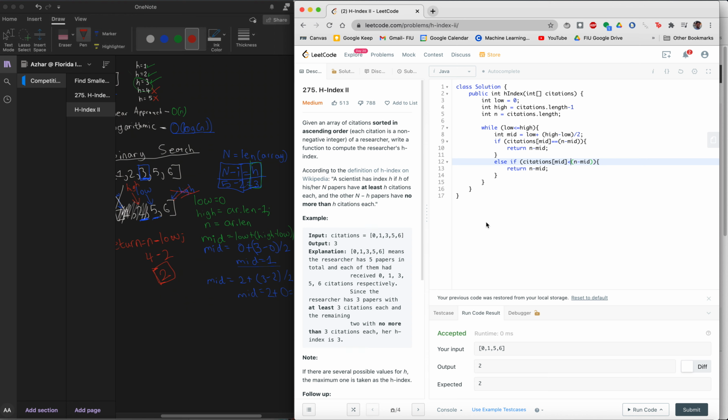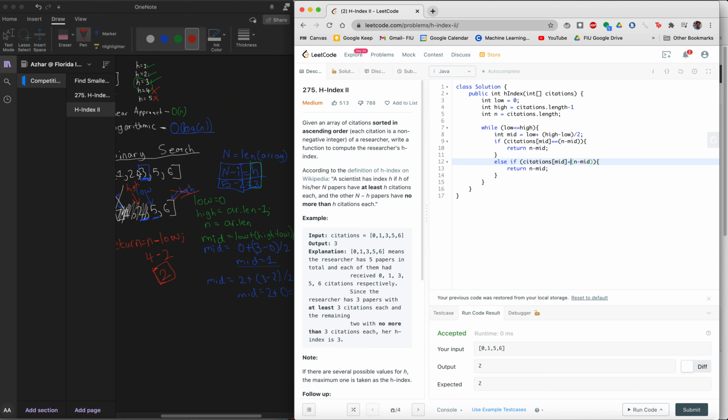When are we going to get less than? That's if this specific value, let's for instance say 2 is less than the potential. So n minus mid at this point I'm looking at here would be equivalent to 5 minus 2, which is 3.